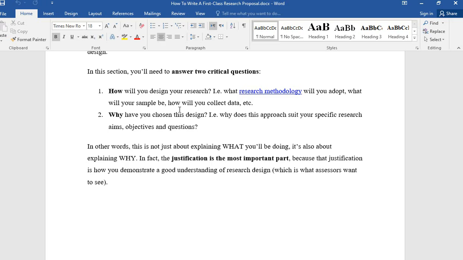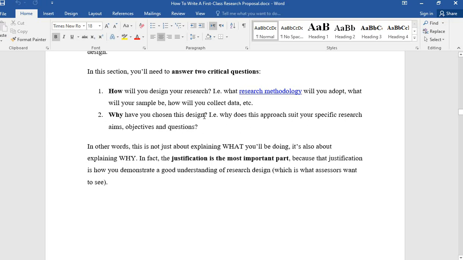So apart from these two main sections, I mean, talking about the subjects and the procedures, there is another section which is the instrumentation of your research. Through which kind of instruments are you going to collect the data?